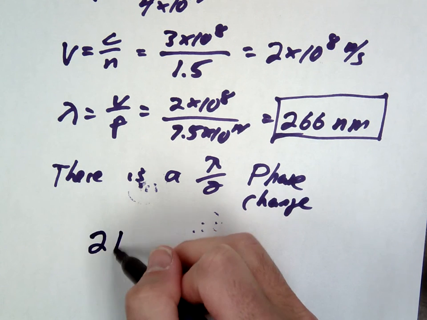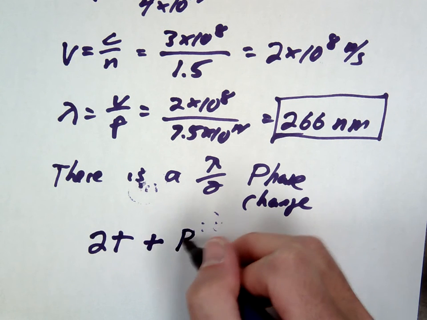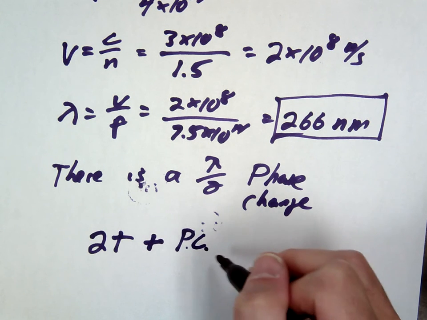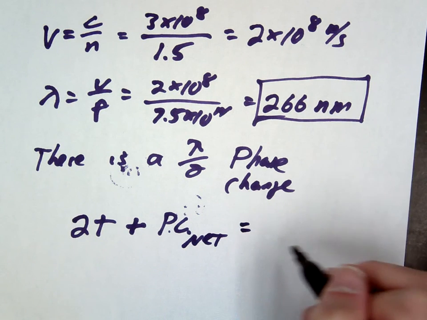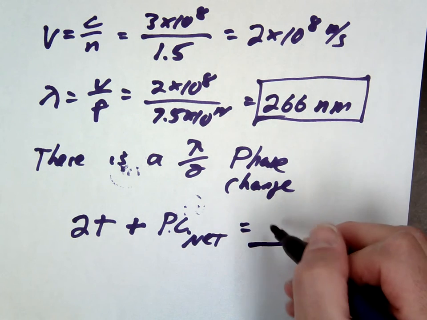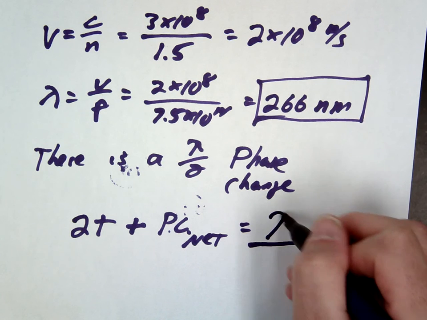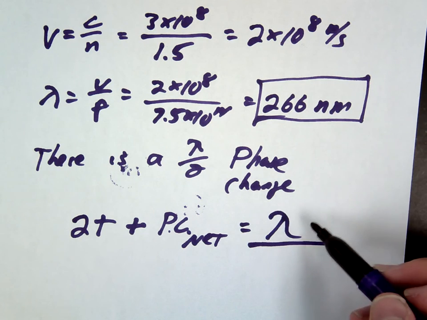I'll go 2 times the thickness plus the net phase change. So in this case, we wanted what? Constructive interference. So what should this equal? 1 whole wavelength for constructive interference. If I ask for destructive interference, this would be a half.